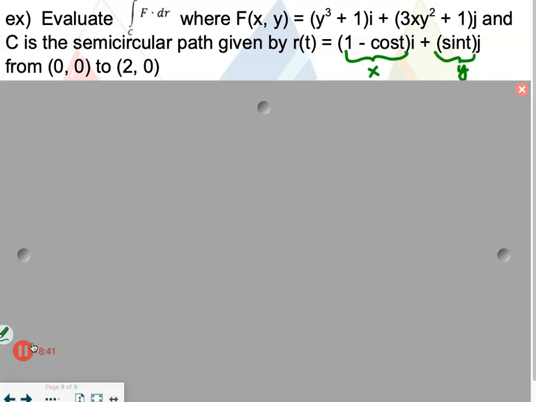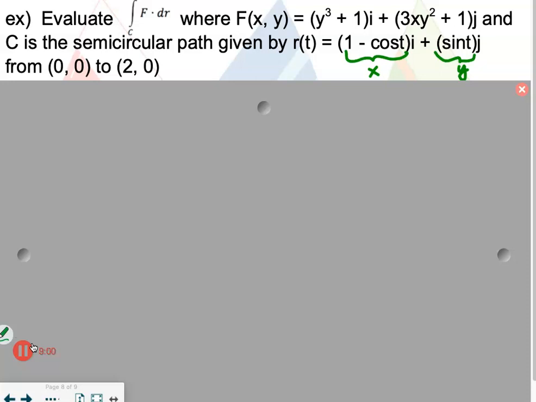So this would be sine cubed plus 1, and this would be 3 times this squared plus 1. And then you would do the dot product of this vector and this vector, right, and then integrate that. You could do that. It is a lot of work, yes. So that's method number one.